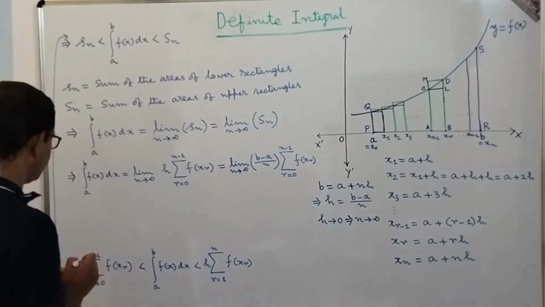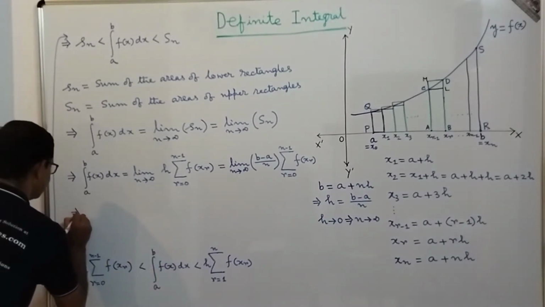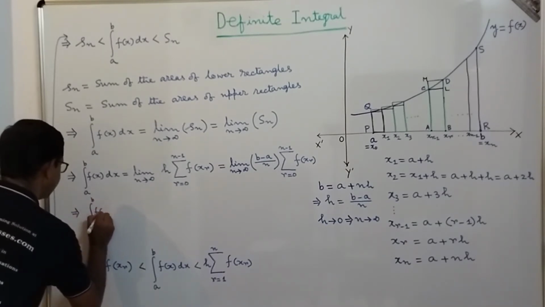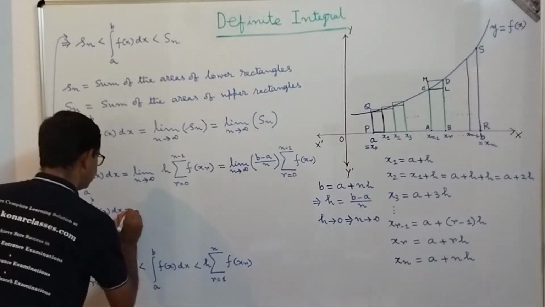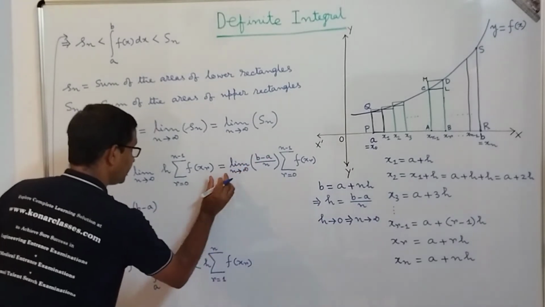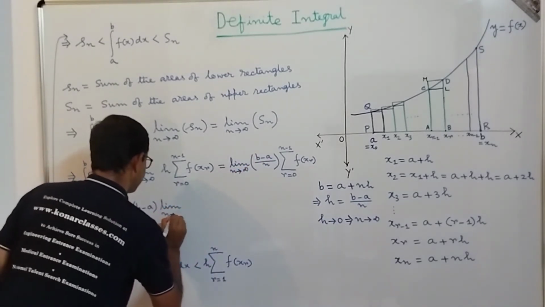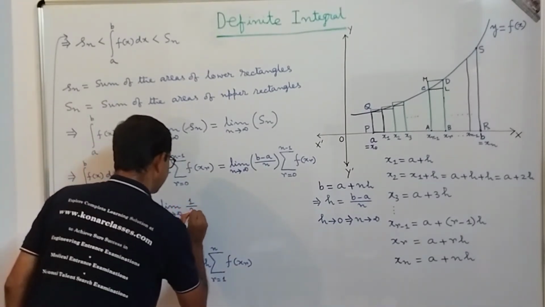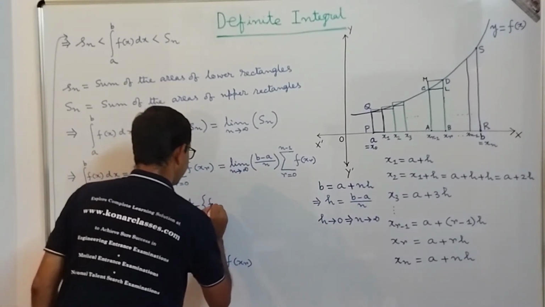So what are we going to get? We get that the integration from a to b of f(x) dx is equal to b minus a, which we take out of the limit, as n tends to infinity, 1 by n into f of that summation.